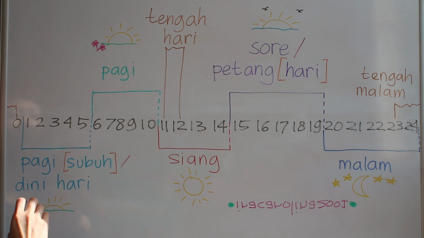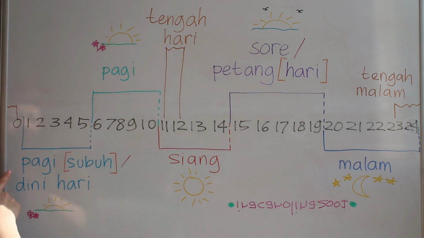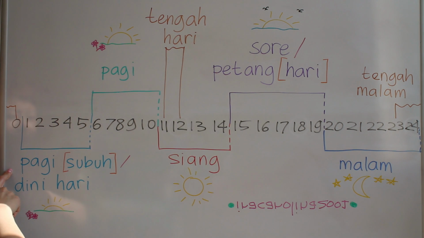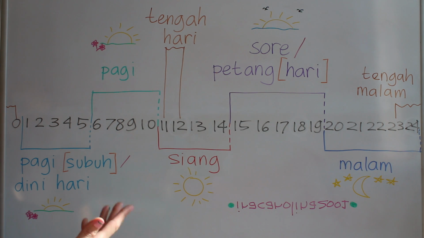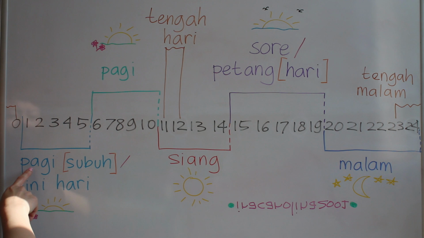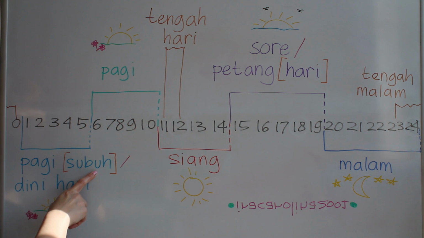it goes with early morning. Pagi is morning, pagi. But we say it specifically, instead of only morning or pagi, we say it with pagi subuh. Subuh is early morning.